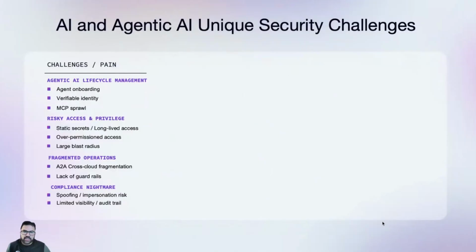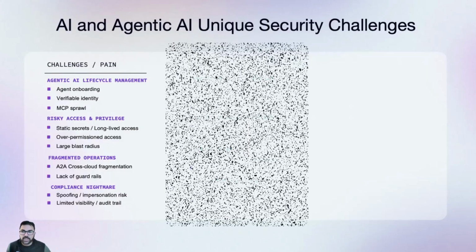Now, AI and agentic AI introduce unique security challenges for enterprises. Organizations struggle with lifecycle management, onboarding agents, verifying identity, and managing MCP sprawl. Risky access practices like static secrets and long-lived credentials increase exposure, while fragmented operations and compliance gaps add complexity.